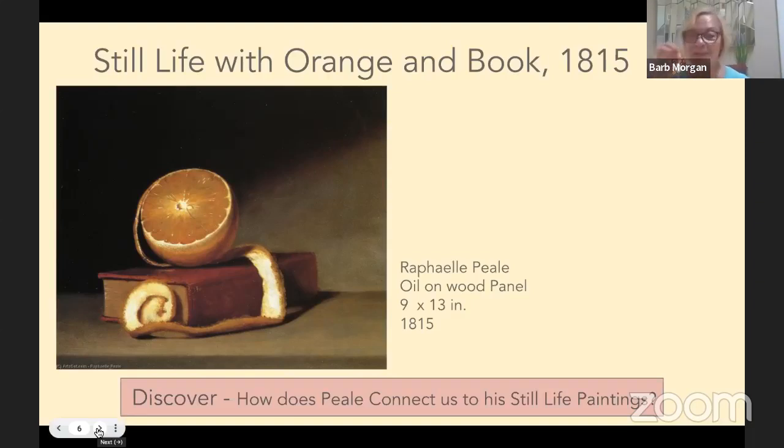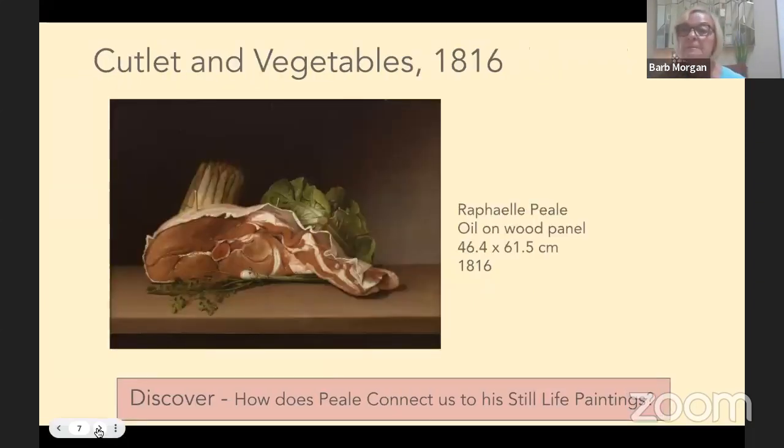The next one is our Timken's Peale. And many of us recognize this right away. It's the cutlet and vegetables. And the Timken acquired this as recently as the year 2000. And we're lucky to have it because it's only one of 2 known paintings that the artist did of meat and vegetables.